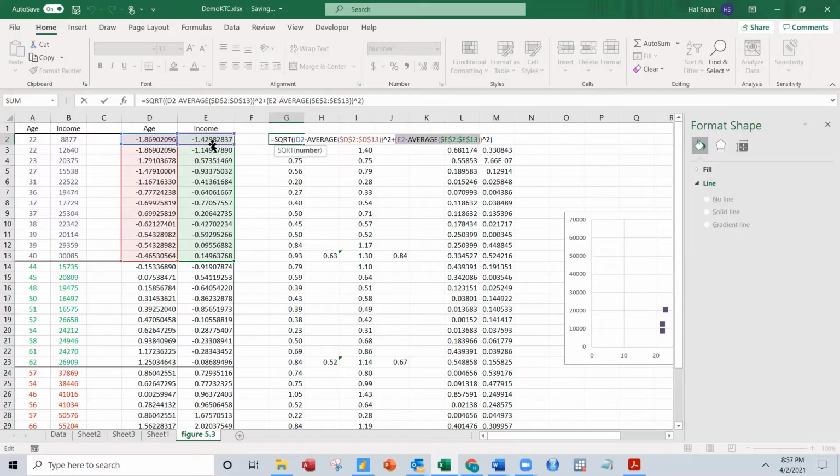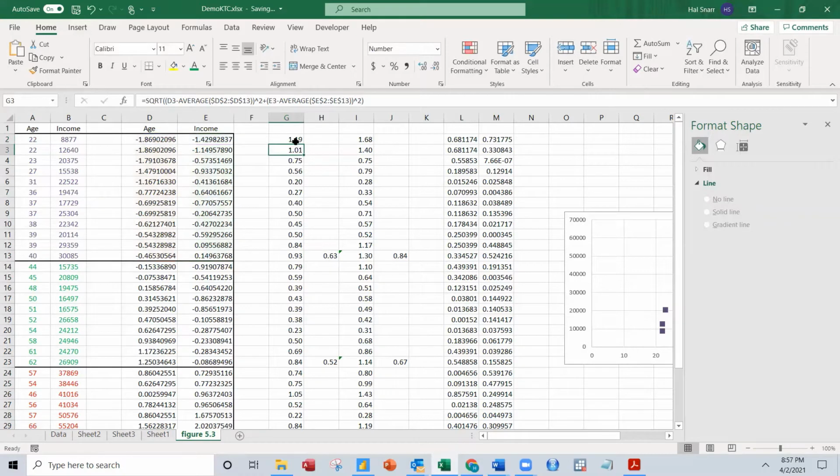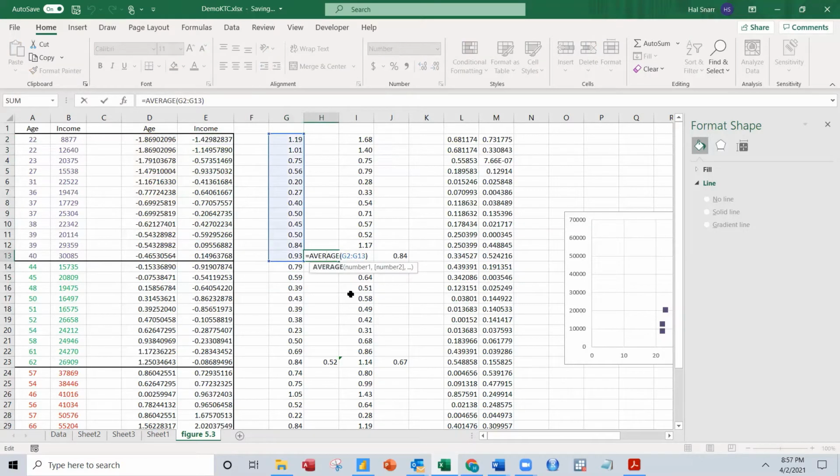You take this value in the group and subtract it from the average of the group and you square it. And then you take the square root of it in total, right? So this is the Euclidean distance to the mean of the group. And you do that for each one of these. We're taking the Euclidean difference from each point to the mean of the group. And then this right here is the average of those differences.